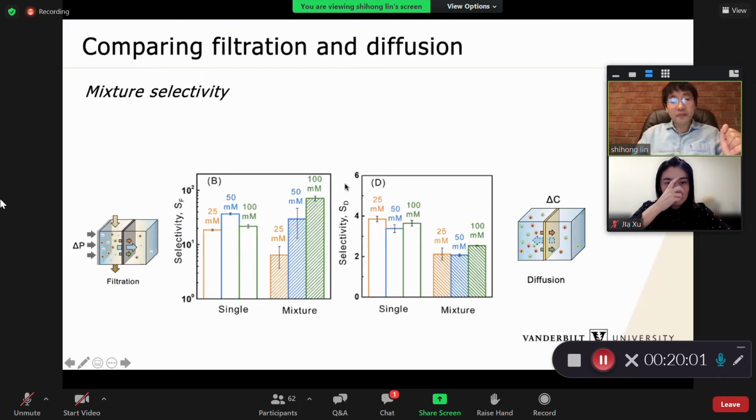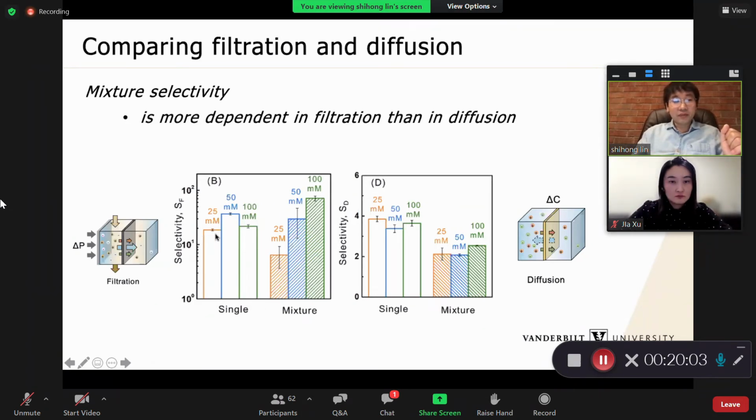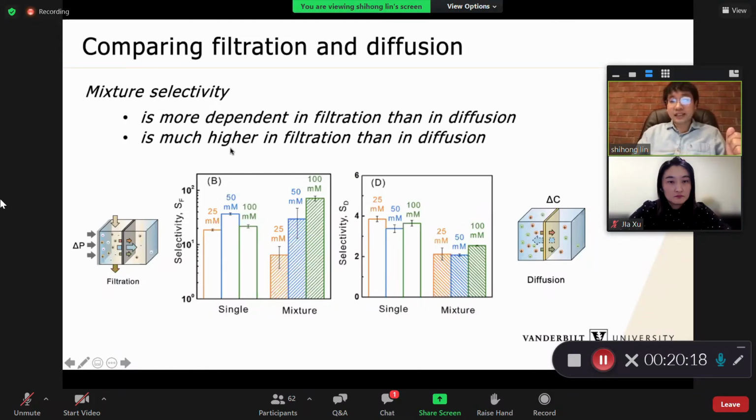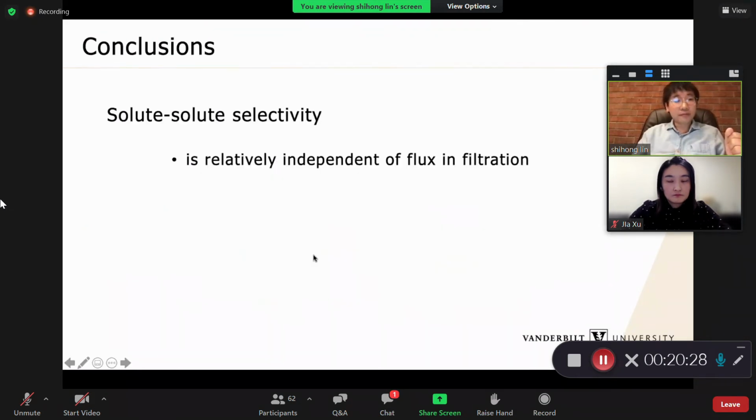Okay, so if you compare both methods, you will see that mixture selectivity is more dependent on feed concentration in filtration than in diffusion, and it's much higher in filtration than in diffusion, especially when you have a high concentration of the feed solution.